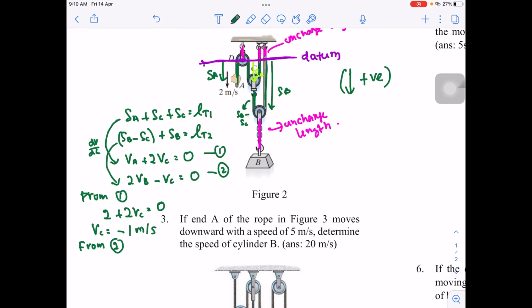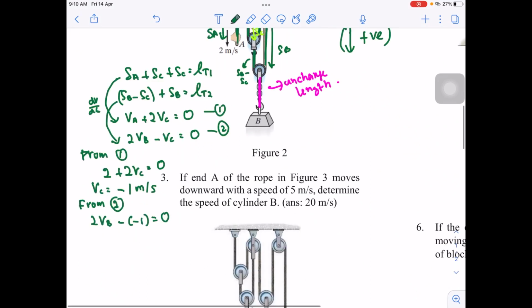You boleh solve ni. 2VB tolak 1 is equals to 0. Right? So VB is equals to minus 0.5 meter per second or 0.5 meter per second going up. Okay.